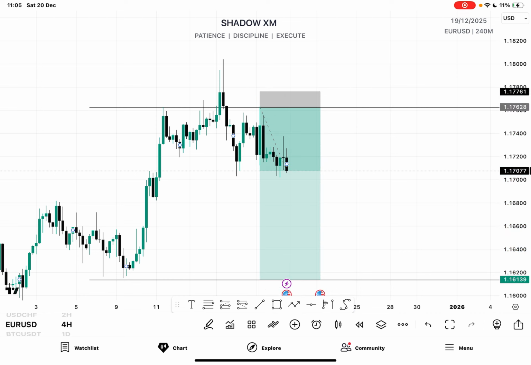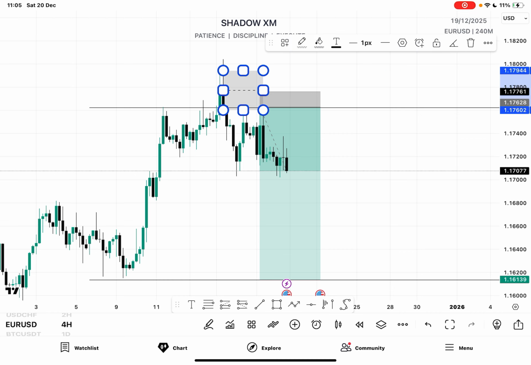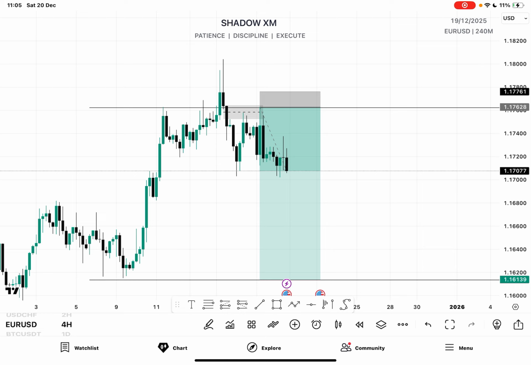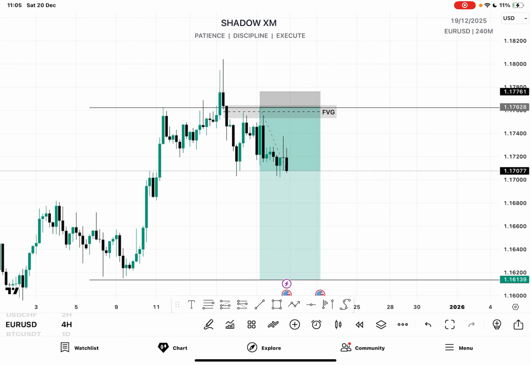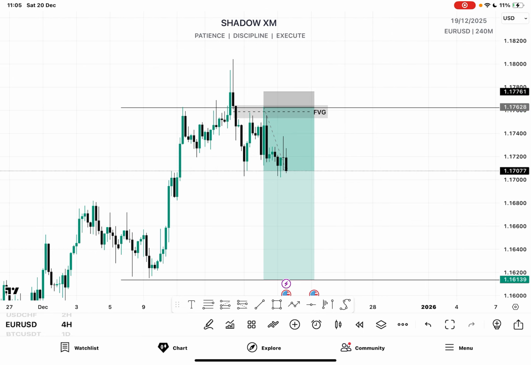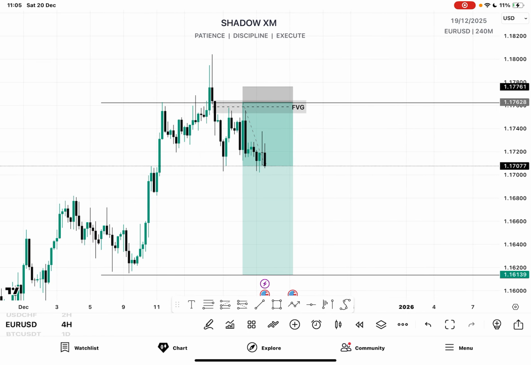So there's an FVG here, this place here, which it triggered already. There's an FVG here for the ICT traders. So it tapped the FVG also, but it's the head and shoulder basically for precise sniper entry. So it's the FVG on 4 hours.